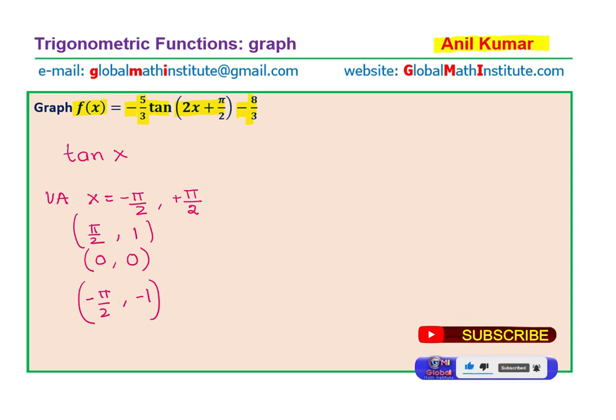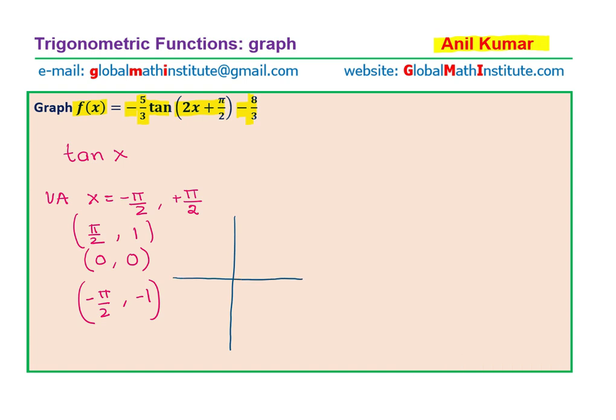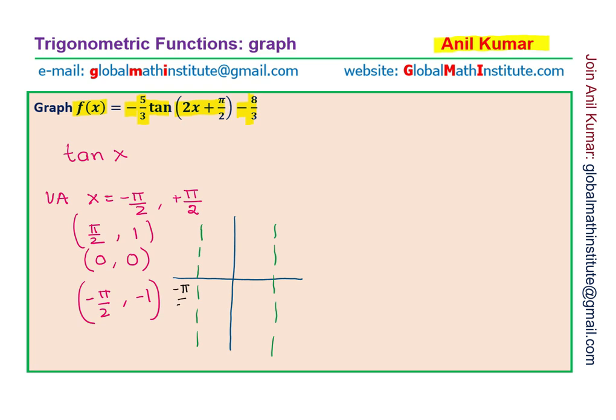If I have to sketch it, let me draw a sketch of the tan function here. It is always increasing, right? So these are the two vertical asymptotes which we are talking about. Periodic with a period of pi means from minus pi by 2 to plus pi by 2 is pi, correct? So it repeats. The graph is always increasing. Let me sketch it like this.